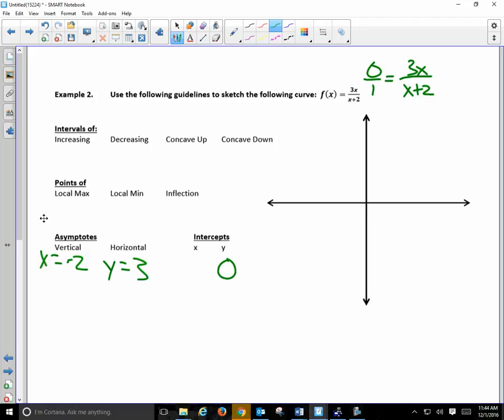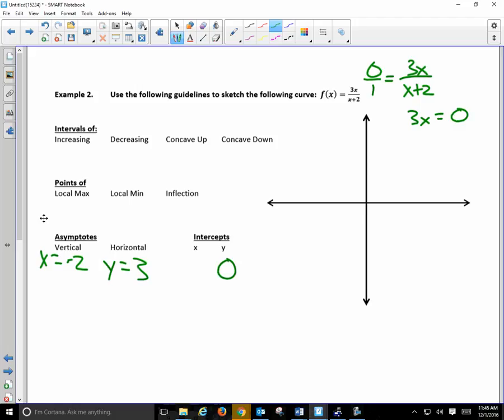Here's something I'm going to refer to throughout the next few days: if you want to determine where it's equal to 0, am I looking for where the top is equal to 0 or where the bottom is equal to 0? The top. Why? Cross multiply. Look at what you get: 3x is equal to 0. That's the same thing as just looking where the top is equal to 0.